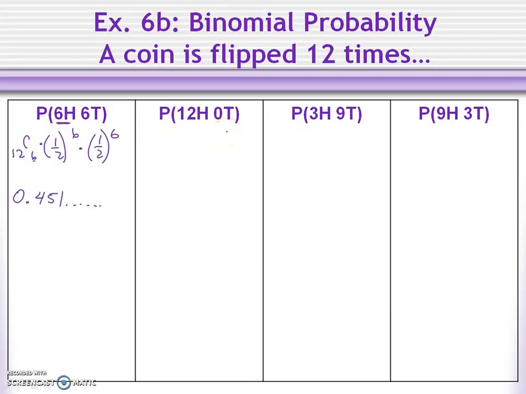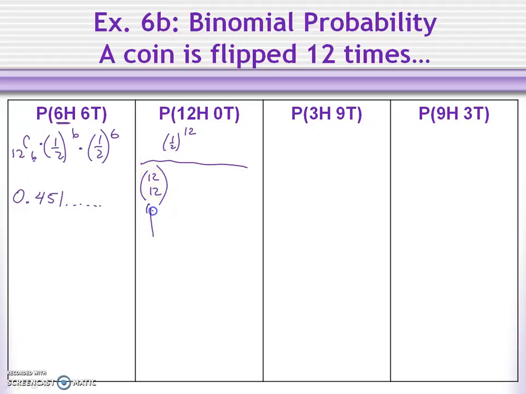Probability of getting 12 heads and 0 tails. Again, if you just think about it as 12 straight heads, you would get 1/2 to the 12th power, because it's the probability of getting 12 heads 12 times in a row. If we do it using a binomial expansion, it would be 12c12. Remember that notation?